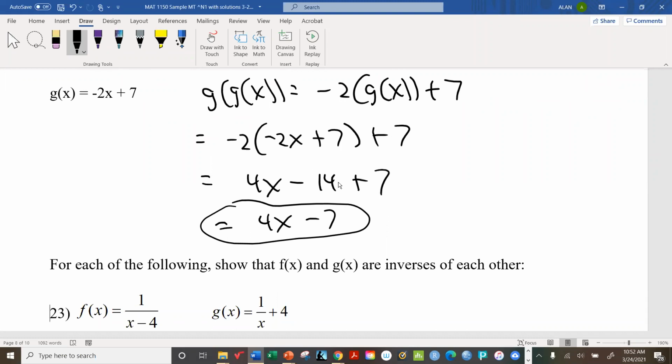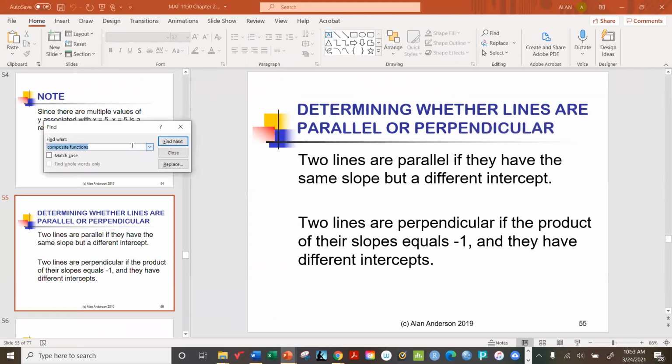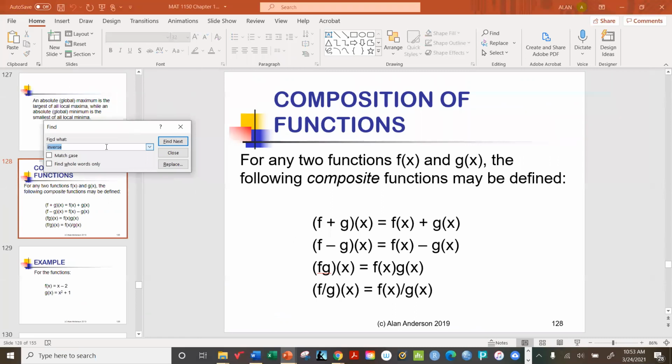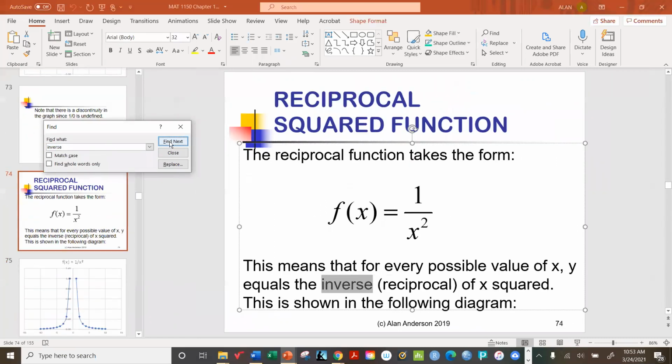All right, now in the next block, we'll have to go look up where this was discussed in the first place. Okay, let me go find that. Let's try 1A.